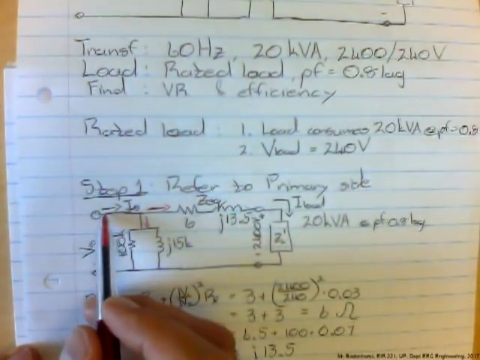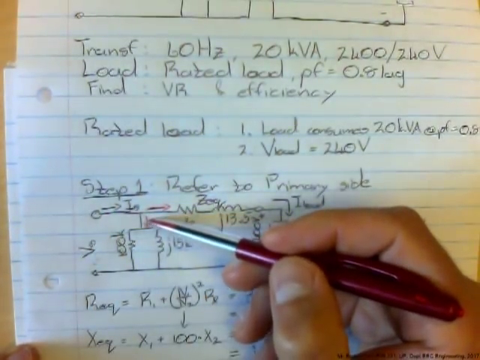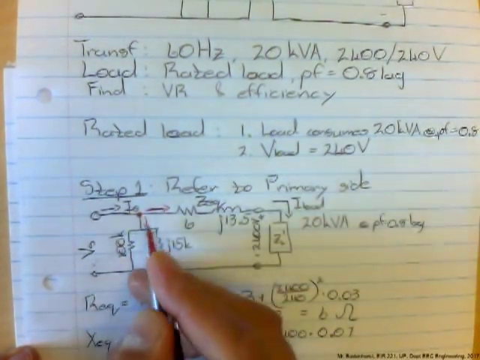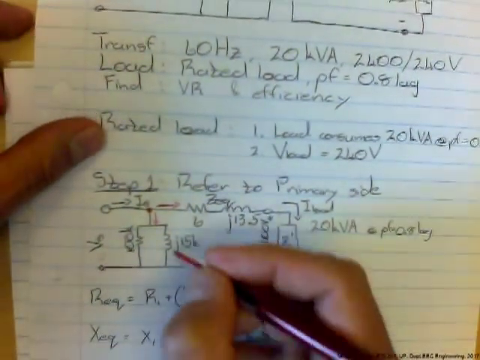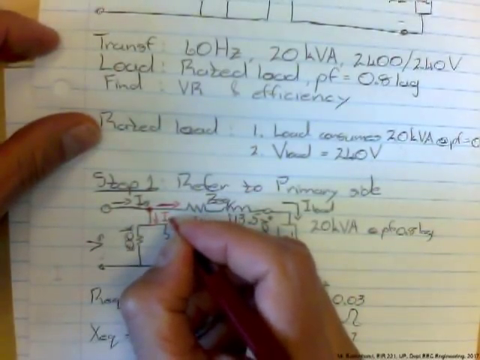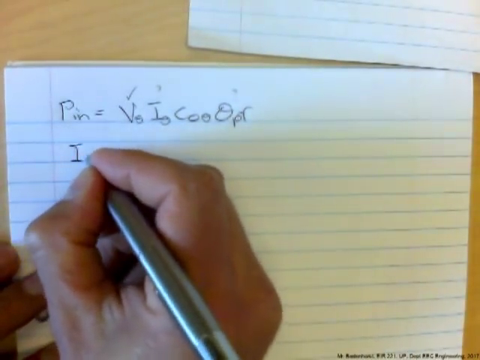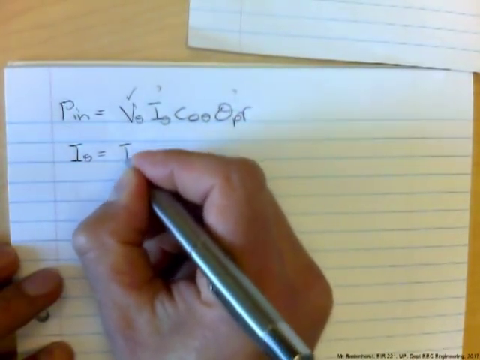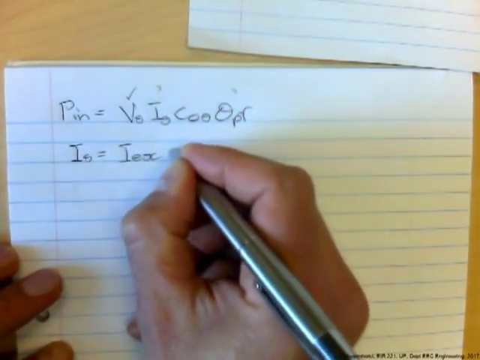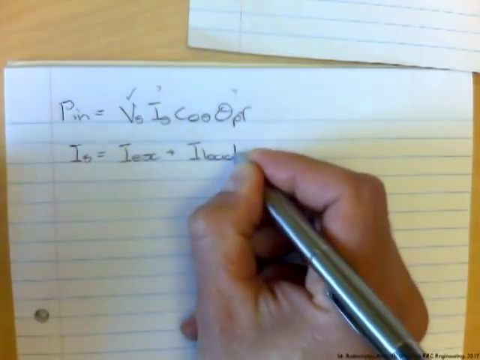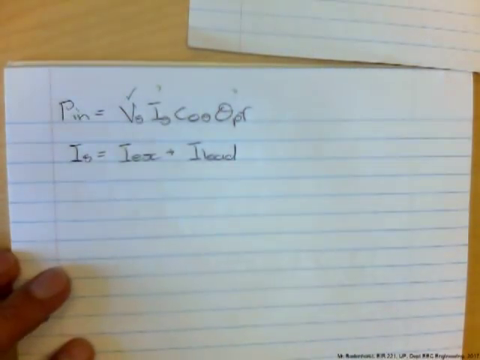So in order to get Is, I also first need to know what this current is so that we can apply Kirchhoff's current law at that node. So let's call this our excitation current, as it's usually done. So Is equals our excitation current plus the load current. So yeah, the textbook doesn't use this method, but it's still just circuit analysis.